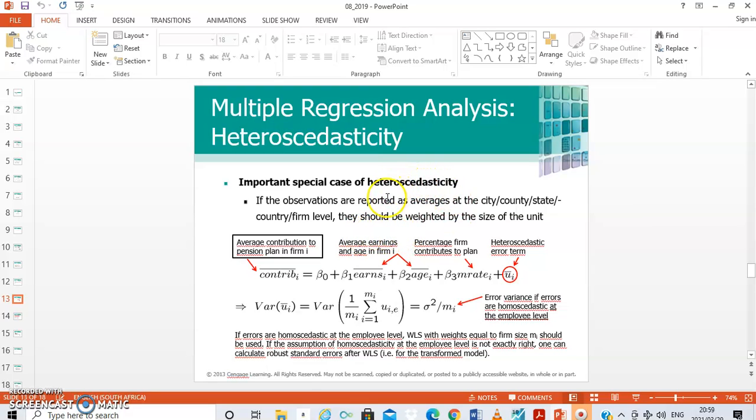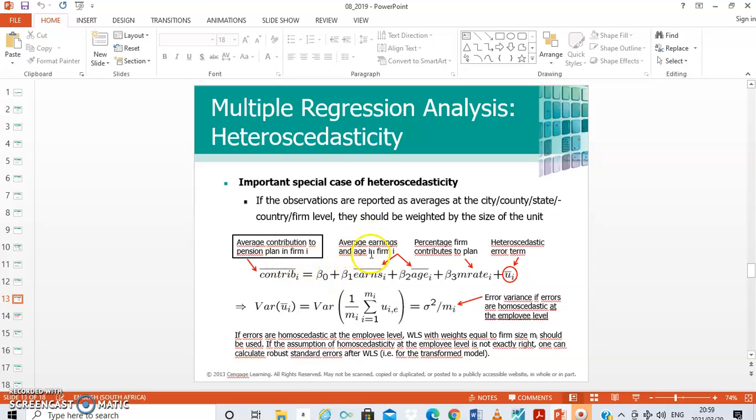Now, sometimes you have certain variables that are already given as averages. For example, you are given average values for city, country, state, firm, etc. If we take this example, you can see that everything is averaged. The error variance here will only be homoscedastic at the employee level, because we are looking at the average contribution to the pension plan in the firm.